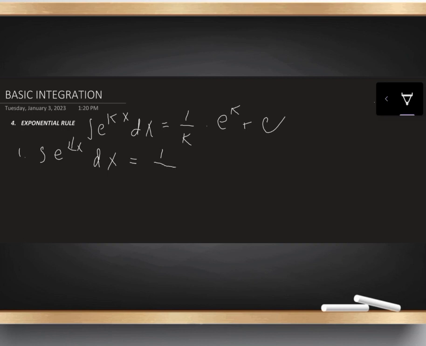So 1 over 4 times e raised to kx, which we just simply copy, so e raised to 4x plus c. We just have to simplify this. So it will be e raised to 4x over 4 plus c. This will be our final answer.